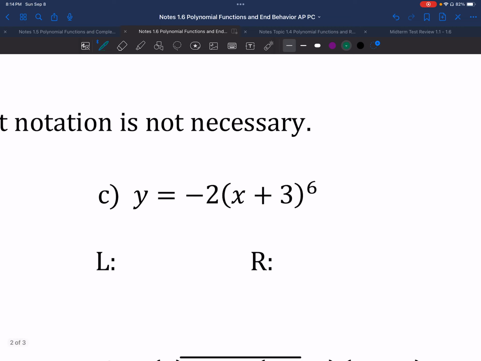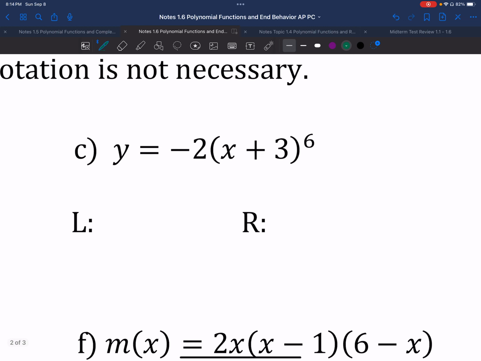Let's look at a few more, see if this is making sense. For c, I notice that I have x plus 3 to the 6th power. So I know that if I were to distribute this out and use FOIL multiple times to do it, x to the 6th will be part of my leading term after I expand it. And then don't forget you have your negative 2 in the front.